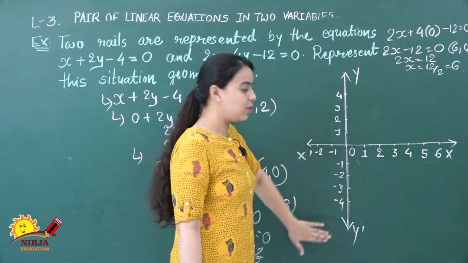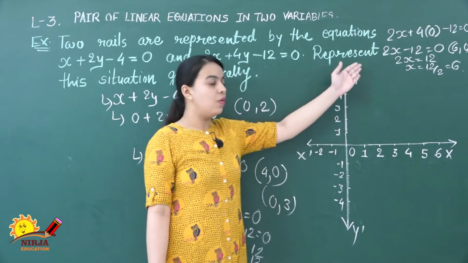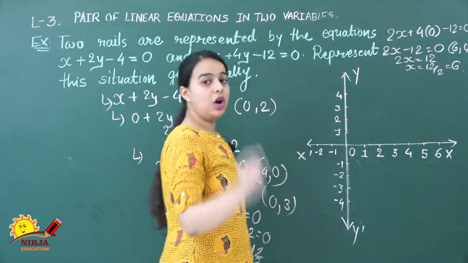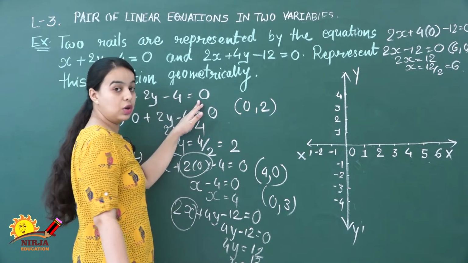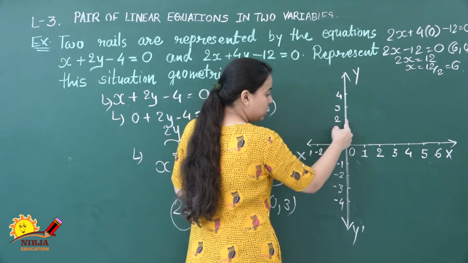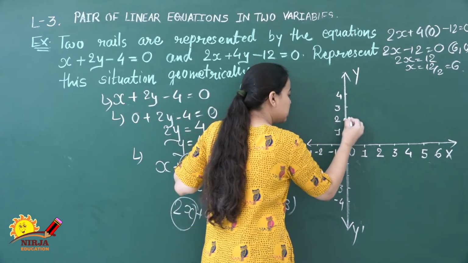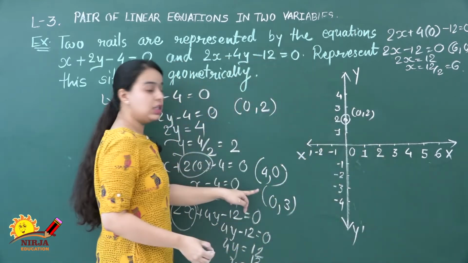As you can see here, I have taken one graph indicating x, x dash, y and y dash. So for the first equation, x plus 2y minus 4 is equal to 0, the first point is 0, 2. X is 0, y is equal to 2. So we can indicate this point over here, which is 0, 2. And the second point is 4, 0.